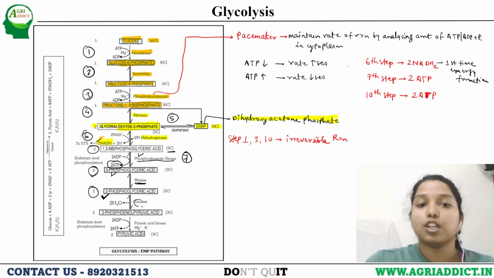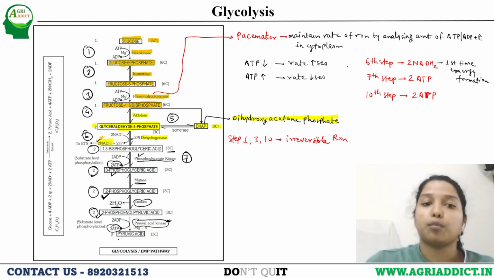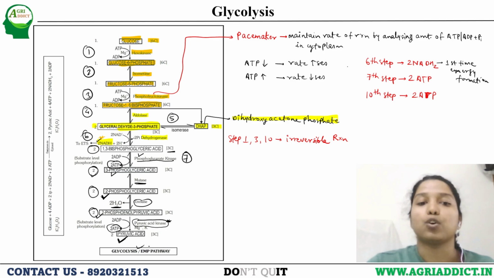Now in presence of enolase, two molecules of H2O will be released and 2-phosphoenol pyruvic acid will be formed, and here also two molecules will be formed. Now again 2 ATP will be formed while converting this 2-phosphoenol pyruvic acid in presence of pyruvic acid kinase enzyme. This will form pyruvic acid, that is the last end product of this glycolysis pathway or EMP pathway.